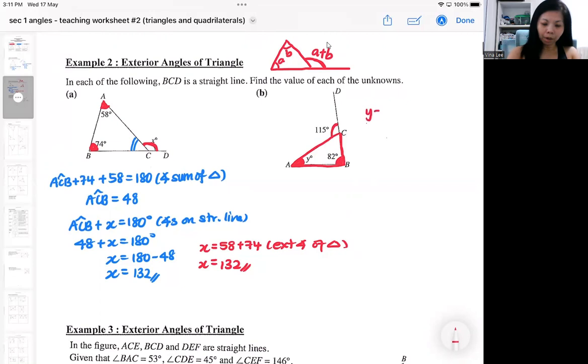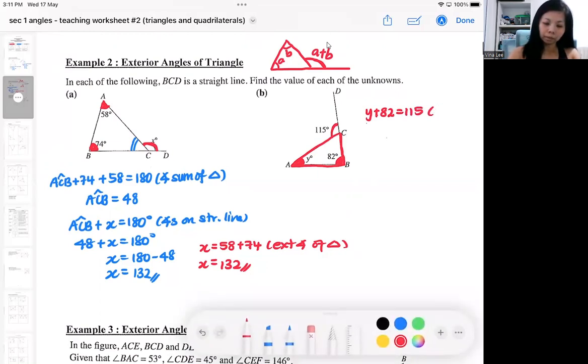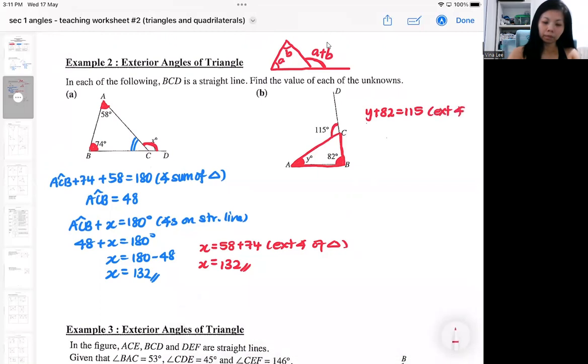So y plus 82 will be adding up to 115 because of exterior angle of triangle. So from here, you do your algebra, you subtract 82 on both sides. So you get 33.